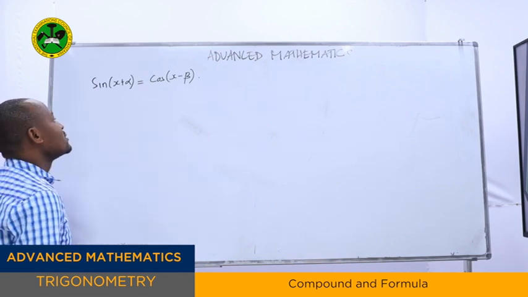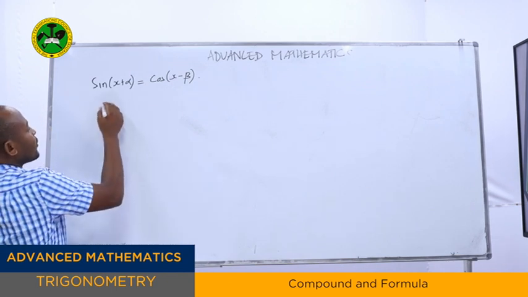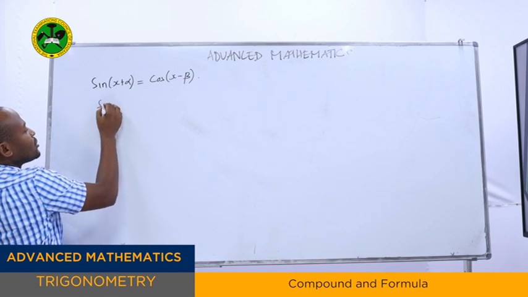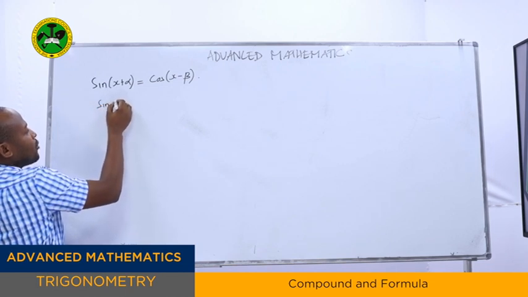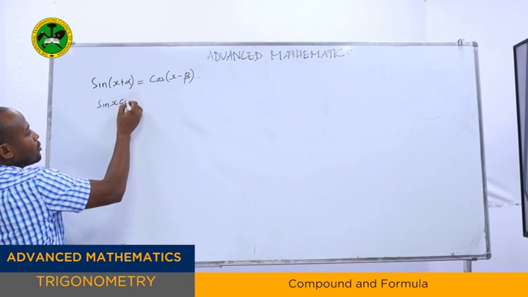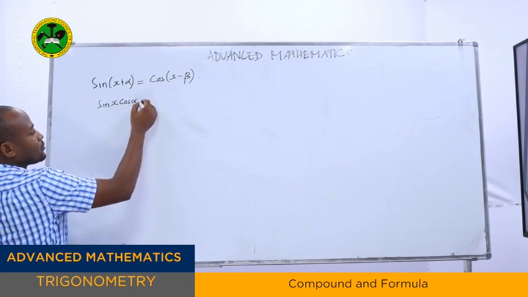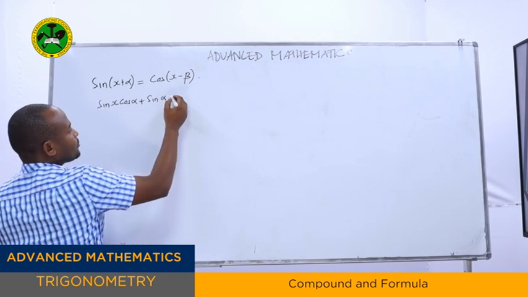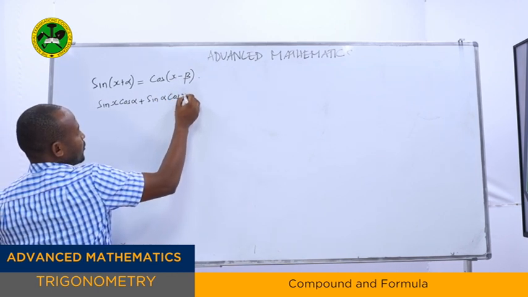Let's open those. We know that sine of x plus alpha equals sine of x cos of alpha plus sine of alpha cos of x.